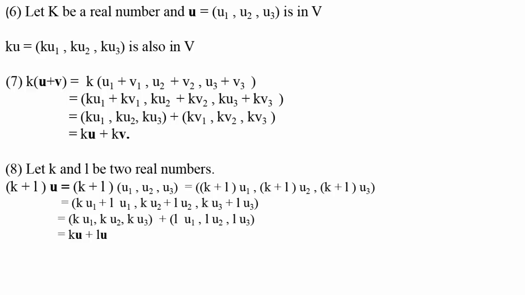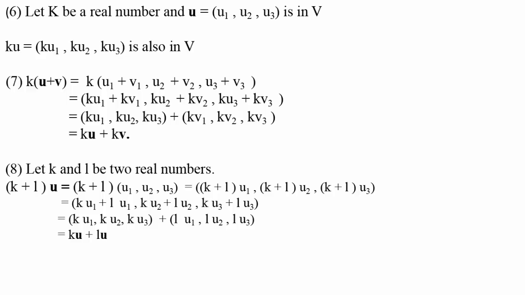This is nothing but ku1 plus lu1, ku2 plus lu2, ku3 plus lu3, and this is the sum of two vectors (ku1, ku2, ku3) and (lu1, lu2, lu3).